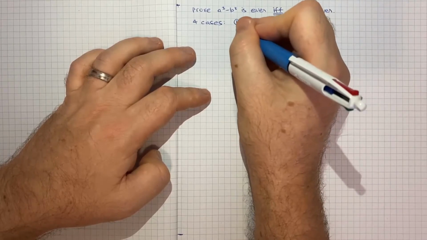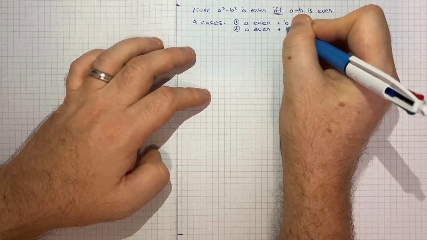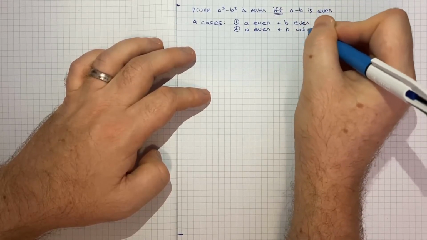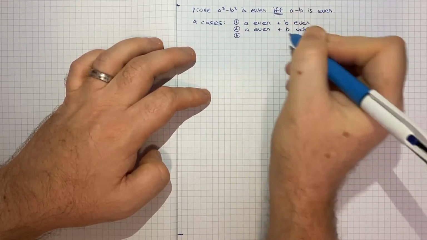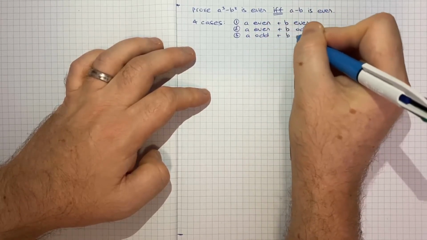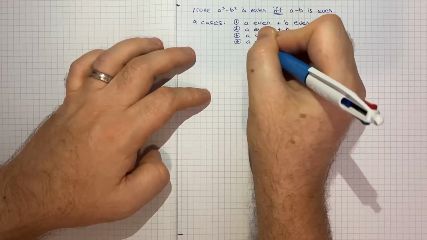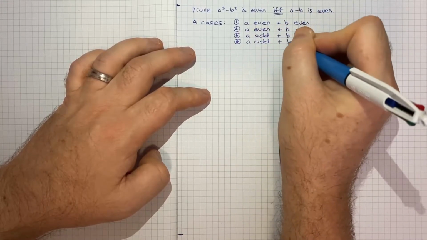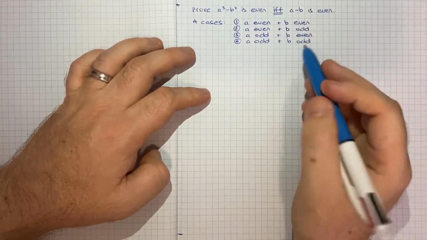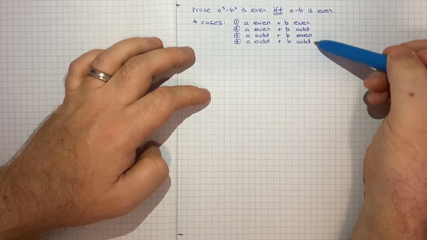We could have a even and b odd. We could have a odd and b even. And then we could have a odd and b odd.